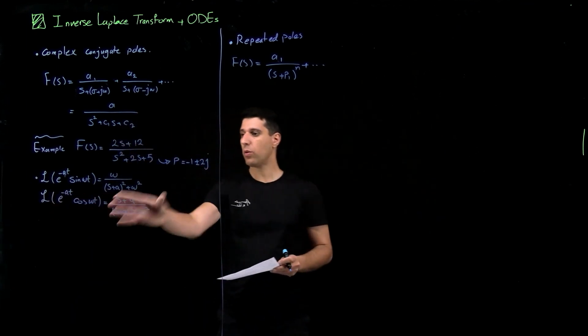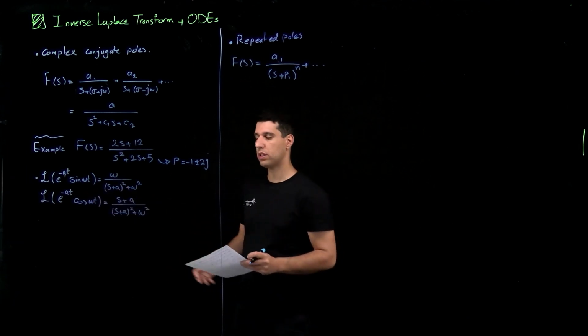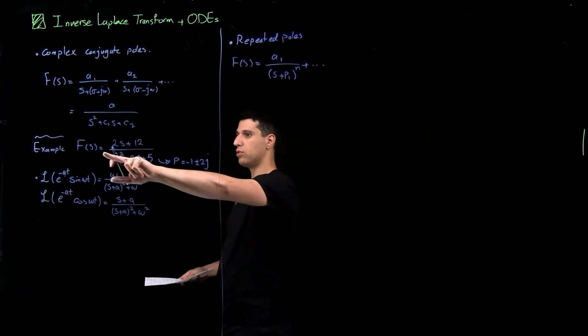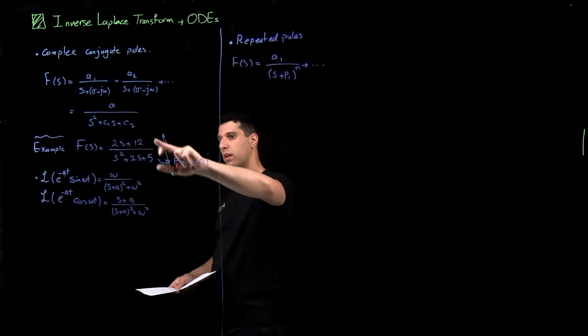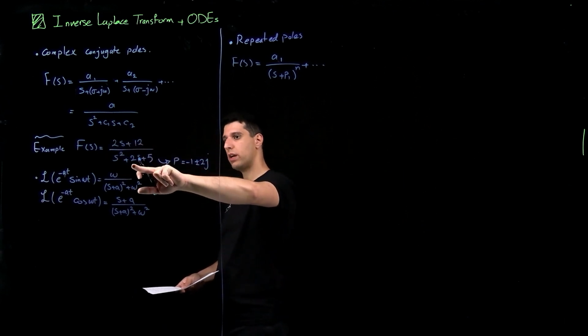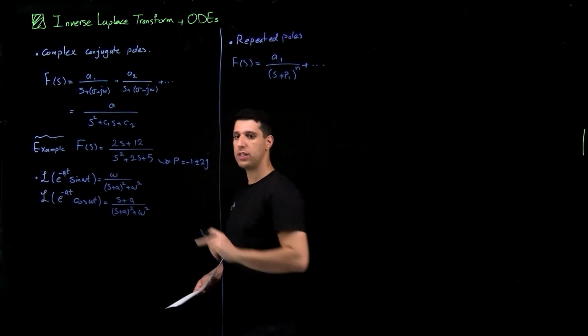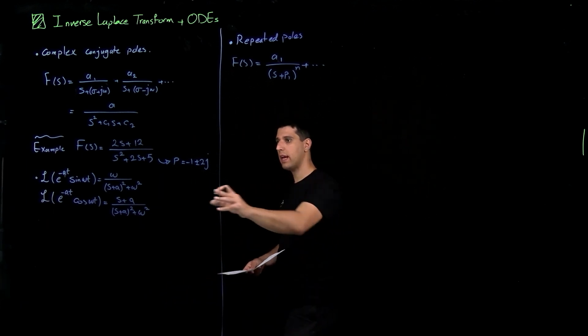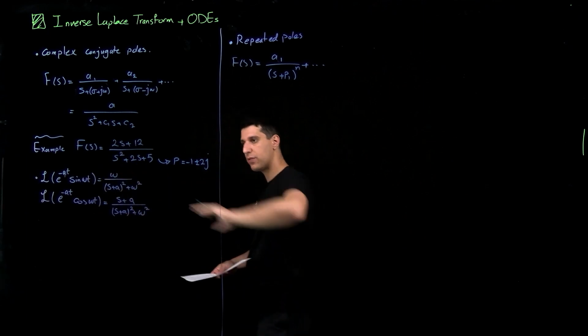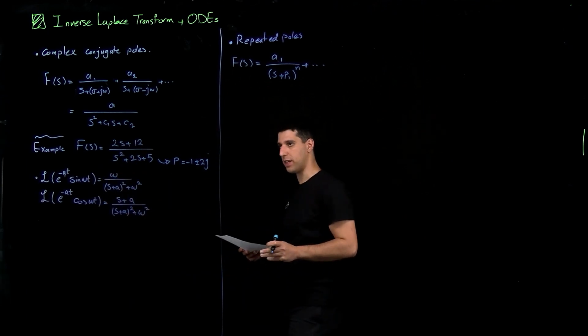So we already have this and a few other forms. It is easier to transform this second order fraction into a combination of these two and then use these forms to get the original f of t.